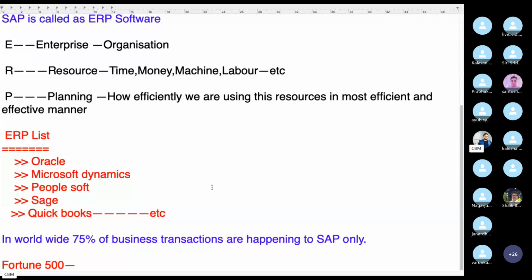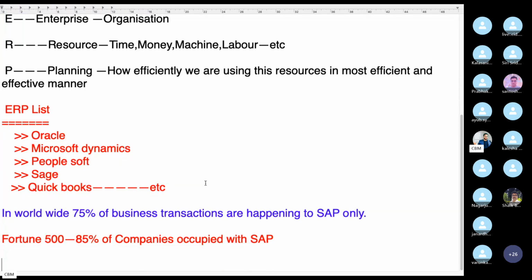Many MNCs are listed in the Fortune 500, which ranks companies. If you look at the Fortune 500 companies, 85% of the big companies are occupied with SAP.